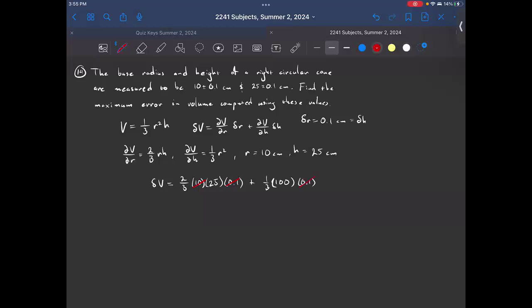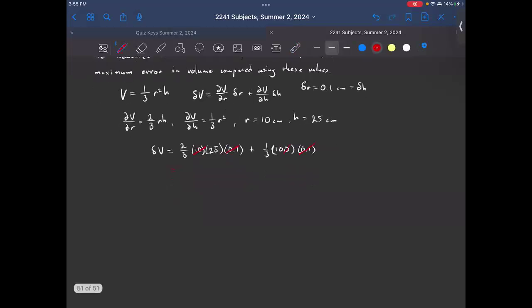So we get some cancellation here as well, but we only lose one 0 instead of both. And so our final answer here is 25 times 2/3. So let's pull out that 1/3. We have 2 times 25 plus 10. So that is going to be 60 over 3, which is 20. And so 20 centimeters cubed is our approximate error.